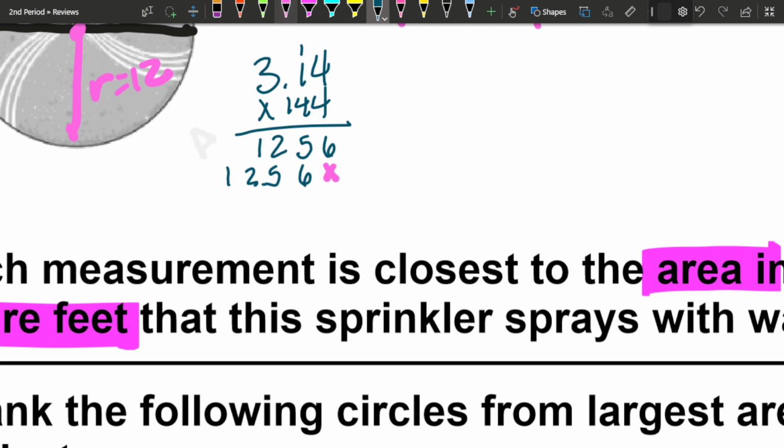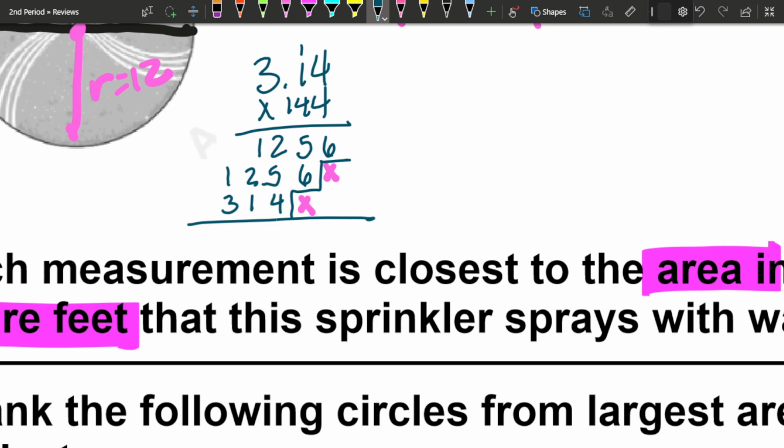And then again, skip this place. And then multiply by 1. So that's easy. That's 4, 1, and 3. This should look like a step, like a stair. If you don't do this, when you multiply by more than one digit, you're getting it wrong.